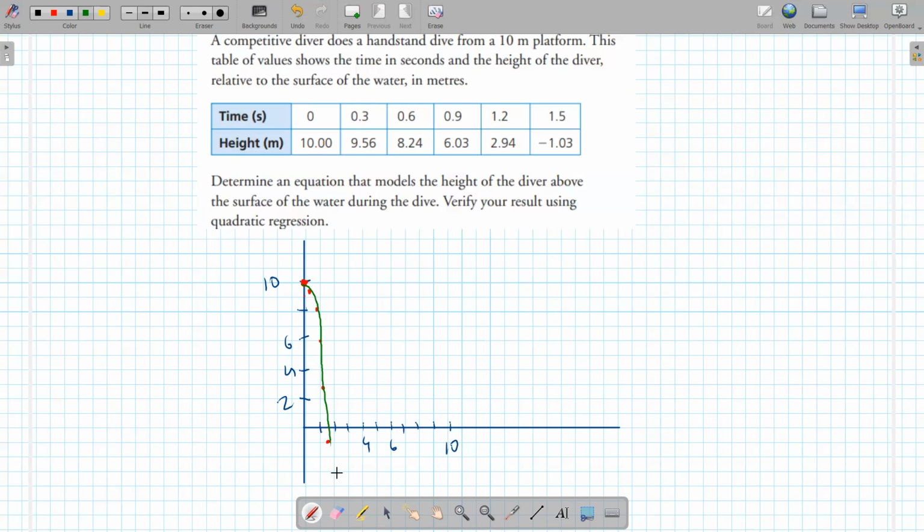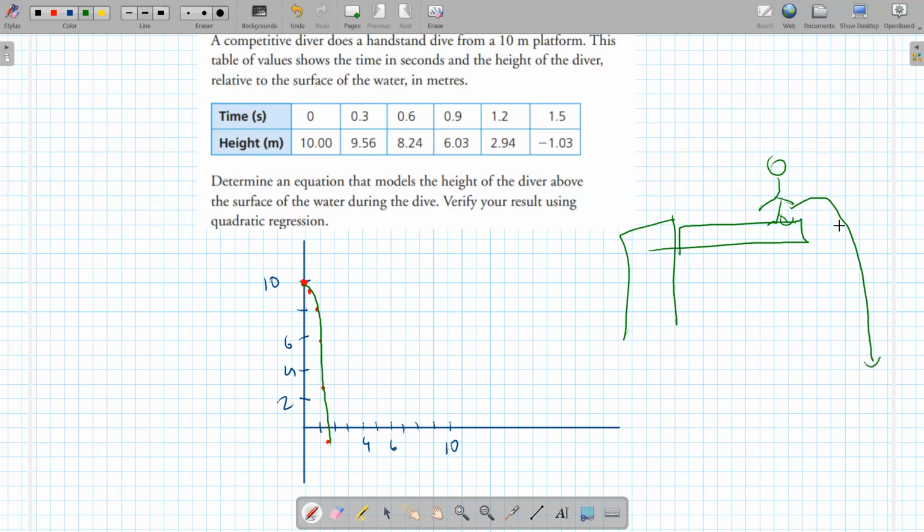Alrighty. How do you come up with an equation for this? Which form would be helpful here? What's happened here is that there is a diver. He starts from up here, right? He starts from the tallest point, and then he dives into the water.